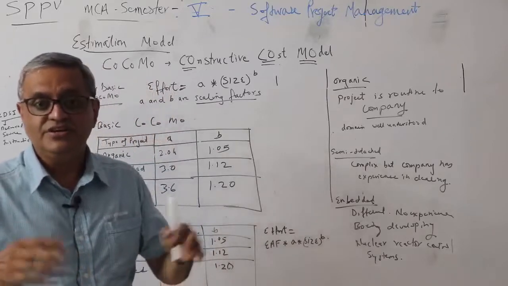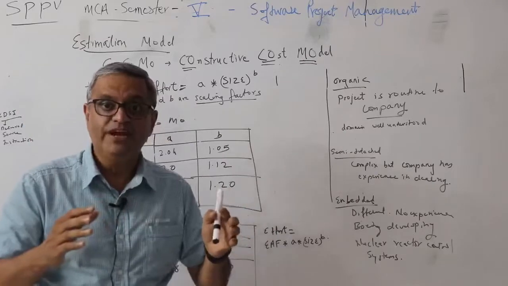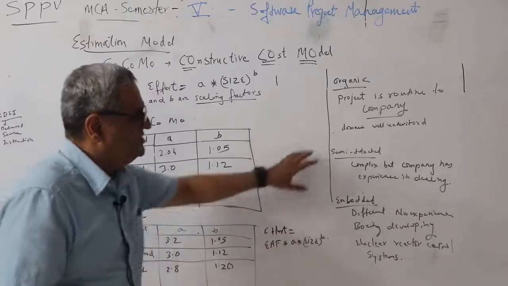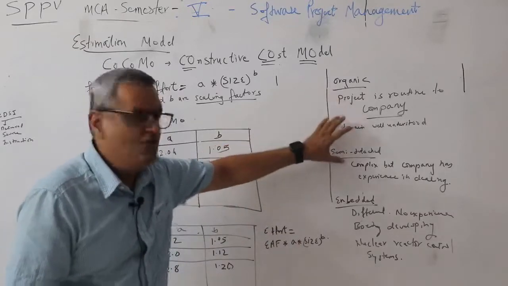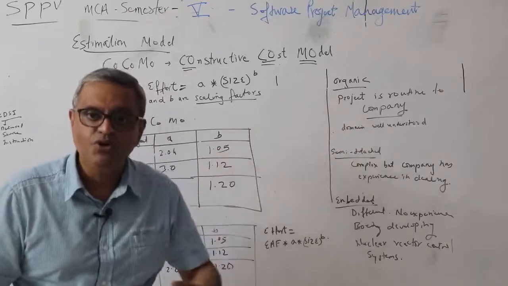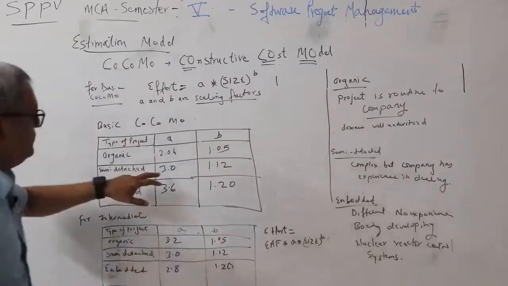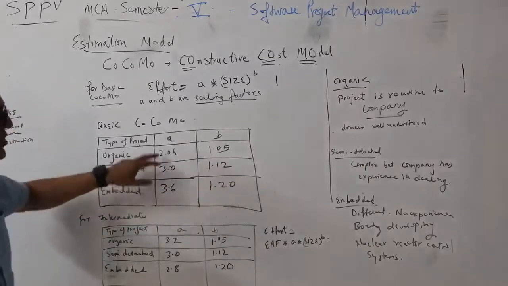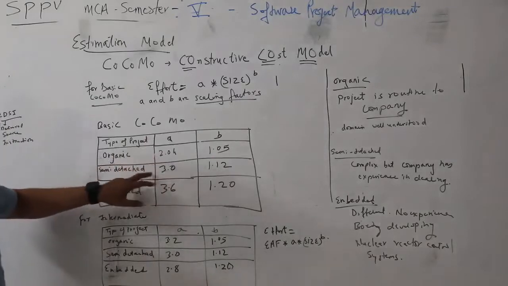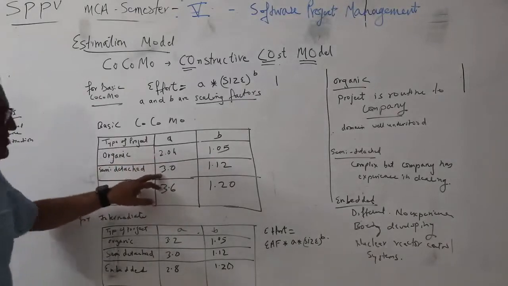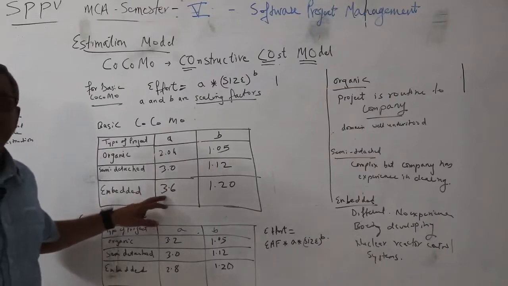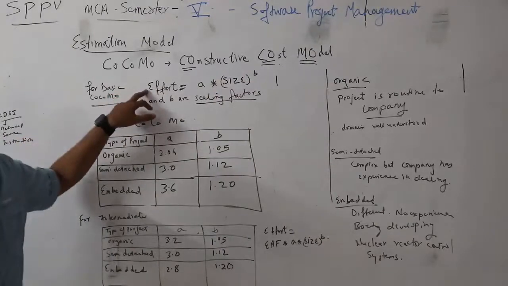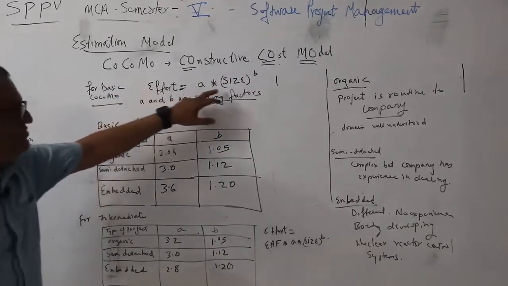Extremely difficult, because for them that domain is entirely different. Based on the category of project, as the project becomes more complex, more difficult, the values of A and B are going to scale up. So for organic it was 2.04, now it got scaled to 3.0, and for embedded it got scaled up to 3.6, and that is how your effort is going to change.